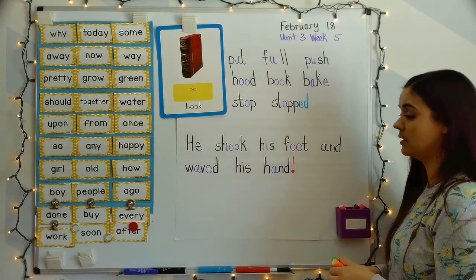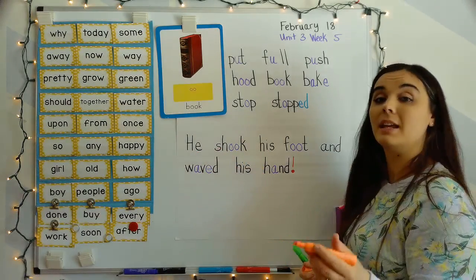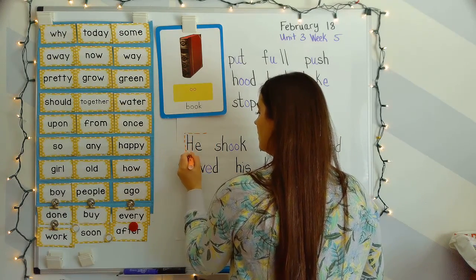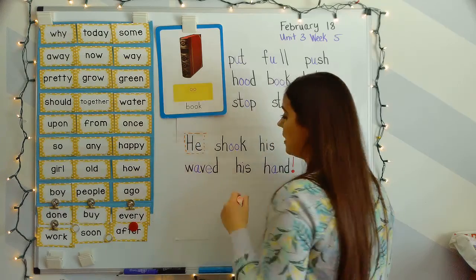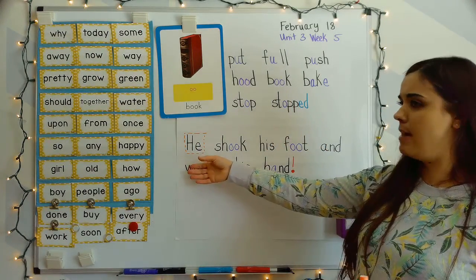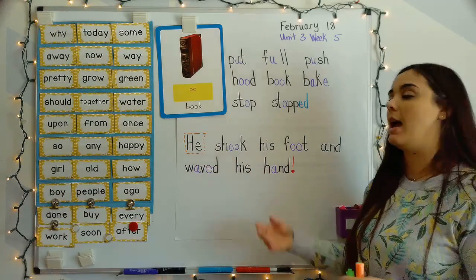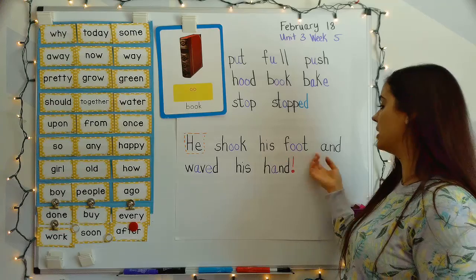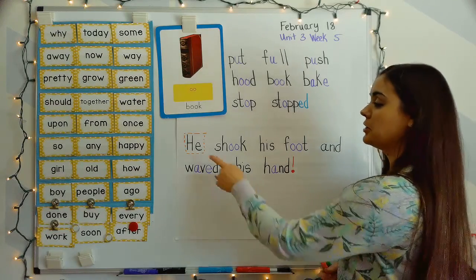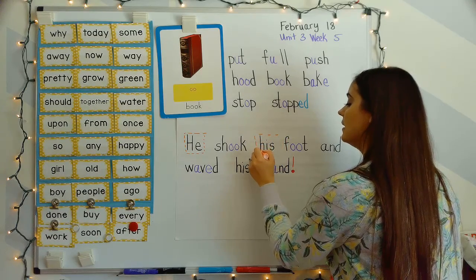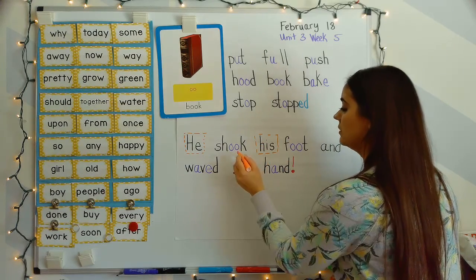Okay, nouns and verbs. So he is a pronoun. It is a noun, but it's a pronoun because it takes the place of a noun. You could put any male name there and it would still mean the same thing. So Mr. Porter shook his foot and waved his hand. So he is a pronoun. His is also a pronoun.